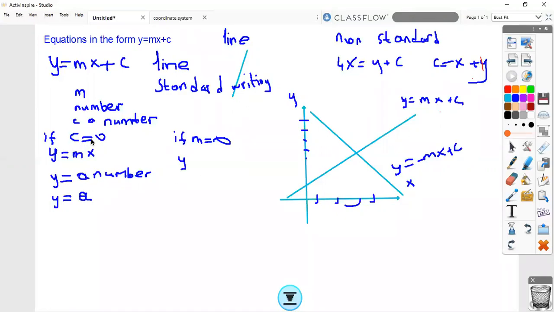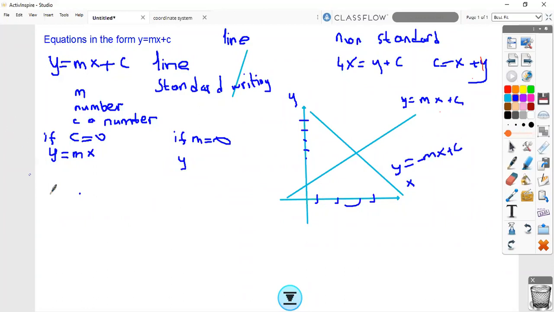If c is equal to 0, it can be mx, and it's not a single number. It can be any line that goes through 0,0.